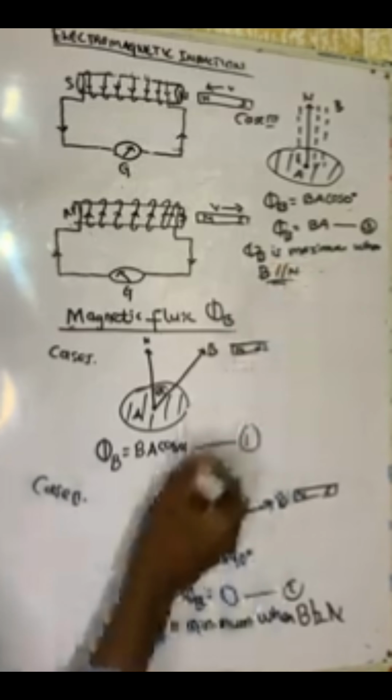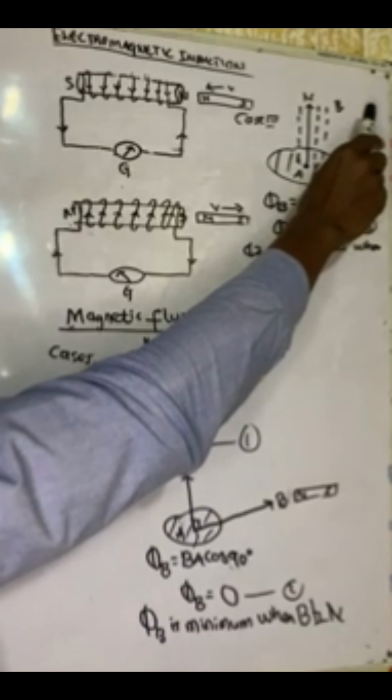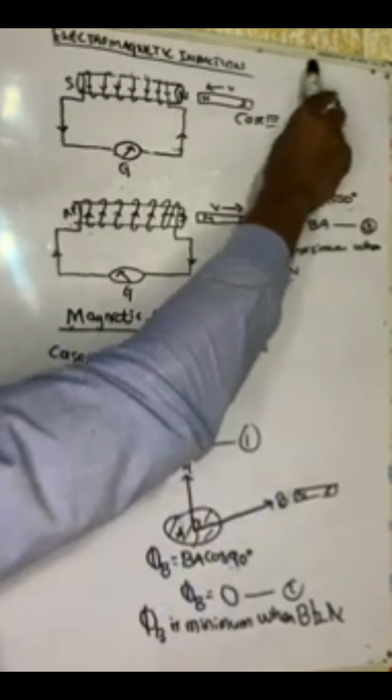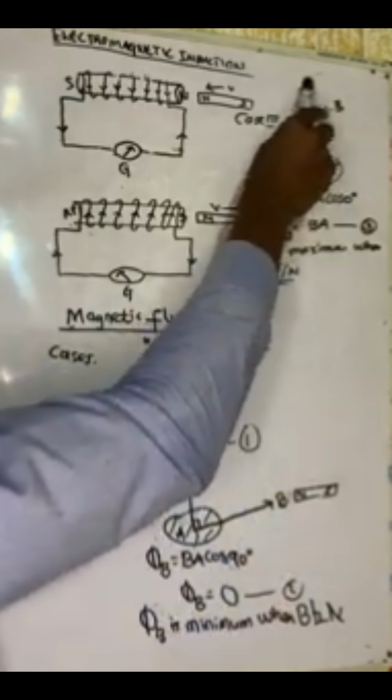Alright. So let's take this, examiners can twist the question. If the magnetic field is perpendicular to the surface of the conductor, it means that it's parallel to the normal. So we are always making it with respect to the normal.